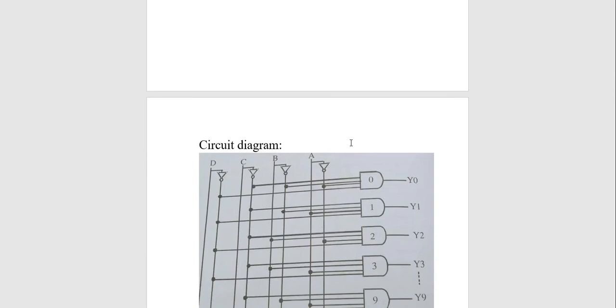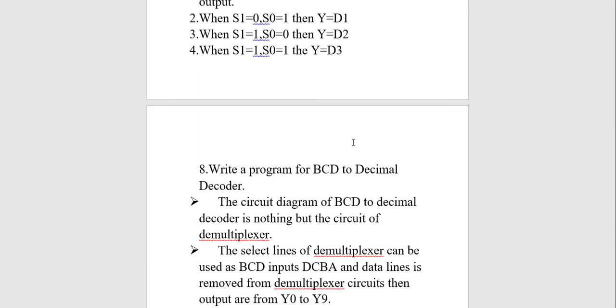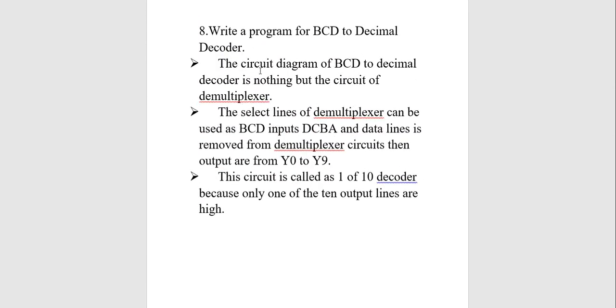So this is about the next practical, the BCD to decimal decoder. So what do you all have to write, students, in that? What is a BCD to decimal decoder? It is nothing but a type of demultiplexer circuit.